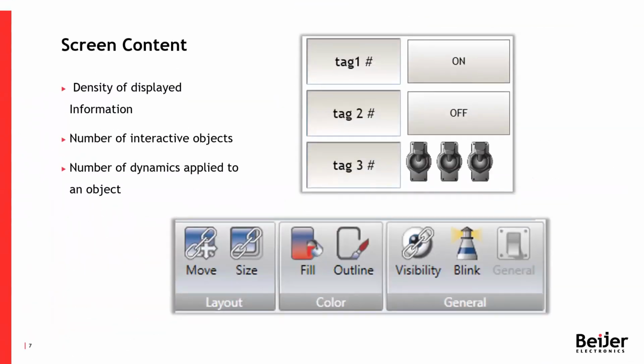Now, the screen content. You can condense it where you're just throwing 100 objects on the screen and they're all stacked on top of each other. So it makes it a little bit more difficult to understand what's actually happening on the page, whether you're editing the right object or not, whether you're clicking the right toggle, and so on.